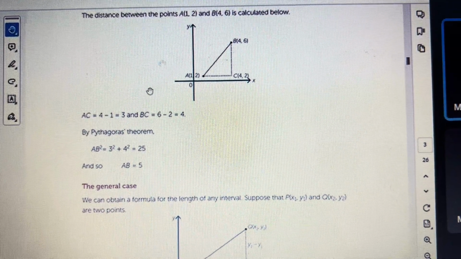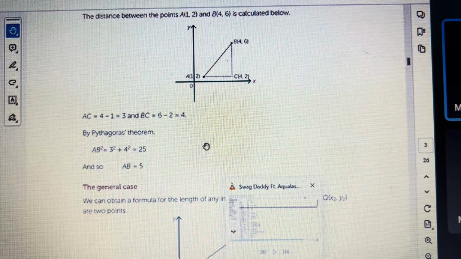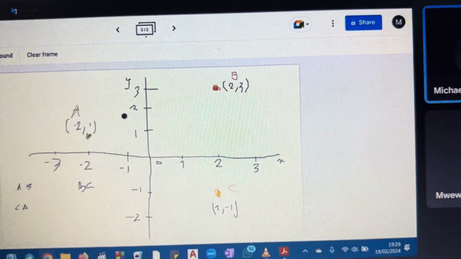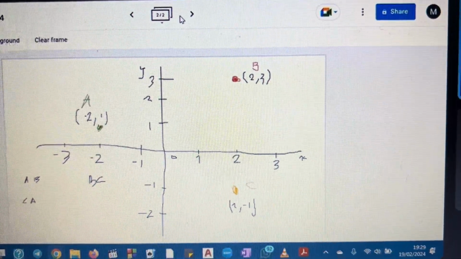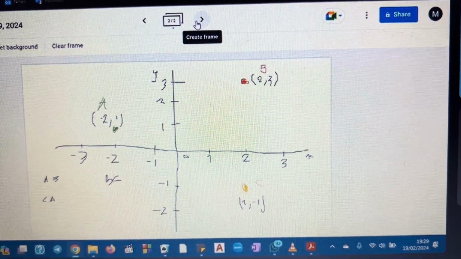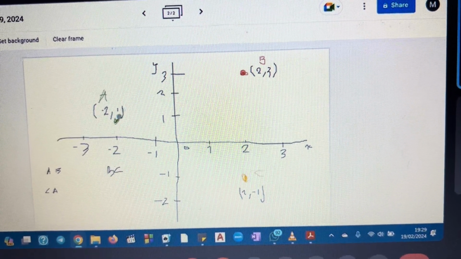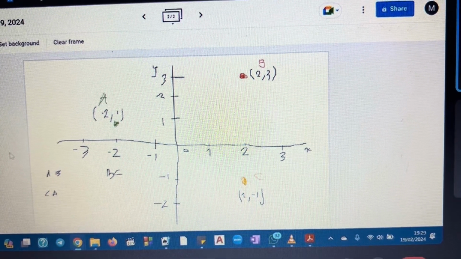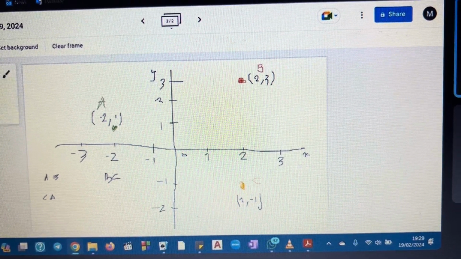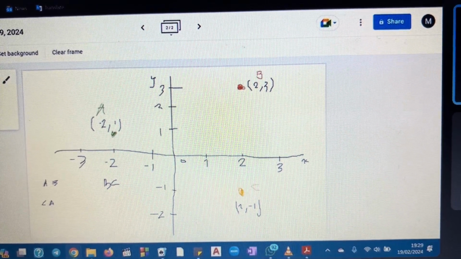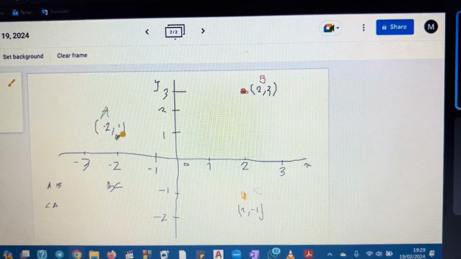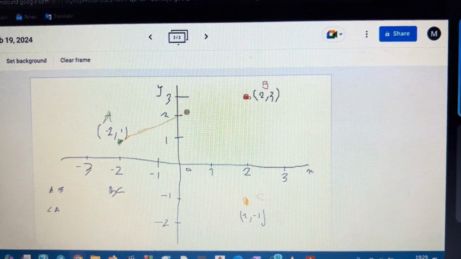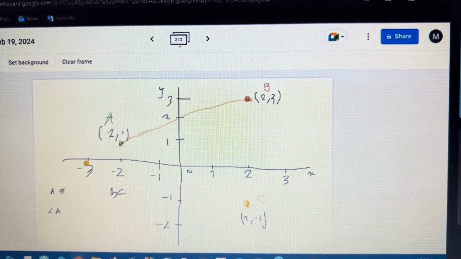So having used this example to explain the concept, I'm going to go back to the whiteboard and try and figure out these distances and offer you another opportunity to see how this works. So I'm going to start with AB. Before I do anything, I'm going to draw an imaginary triangle. So the distance we want is this one here. What is the distance between A and B?